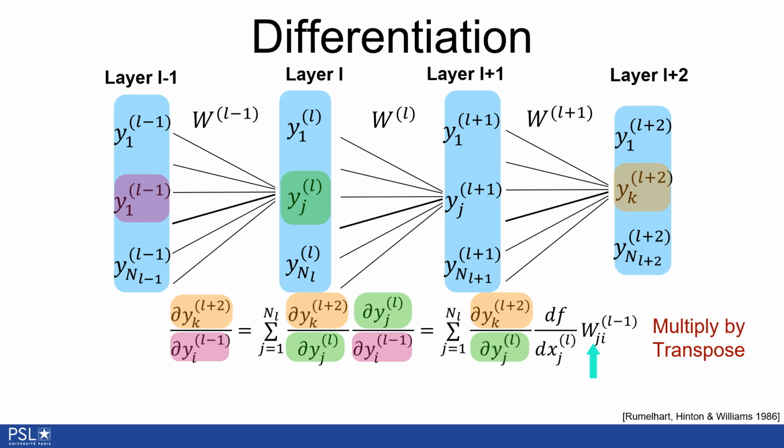This shows that the differential of activity in layer L plus 2 with respect to the activity in layer L minus 1 can be expressed as the differential of the activity in layer L plus 2, but now with respect to the activity in layer L, multiplied by the gains at layer L and multiplied by the transpose of the synaptic matrix between layers L minus 1 and L. Applying the chain rule multiple times, the differential can be expressed as a sequence of multiplication by gain matrices and transposes of synaptic weights between layers.